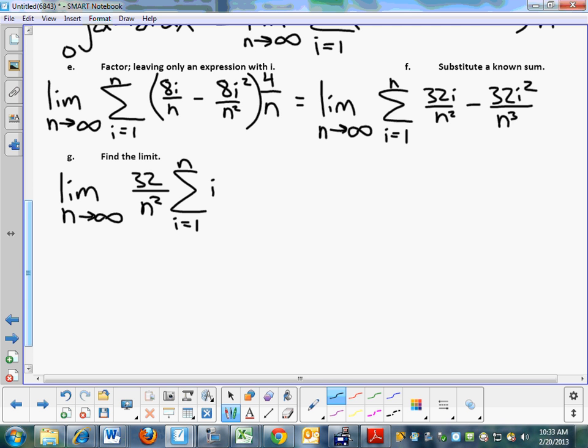Well, I took out the n squared. Is everybody okay with this so far? Okay. Then we've got minus 32 over n to the third times the sum from i equals 1 to n of i squared. We can break subtraction and addition up into two pieces with summations. You can do that.